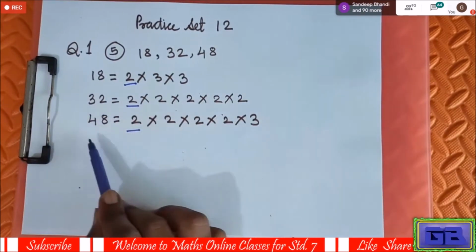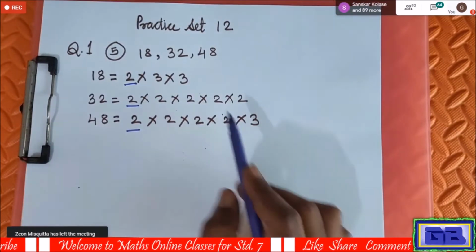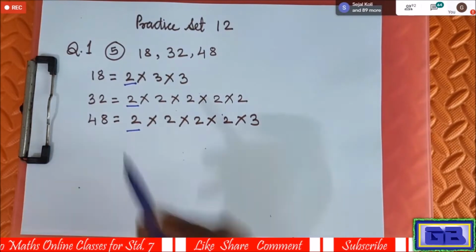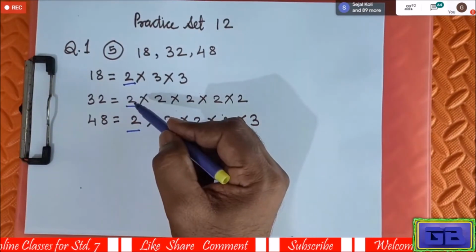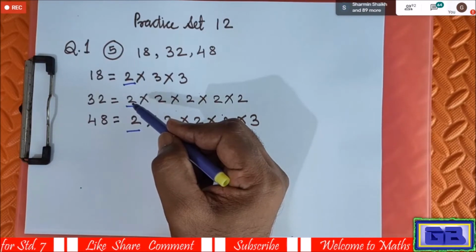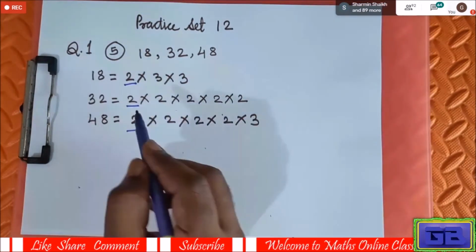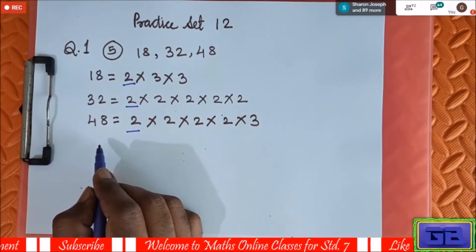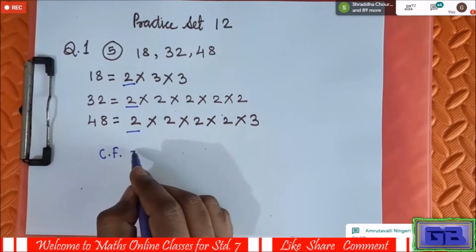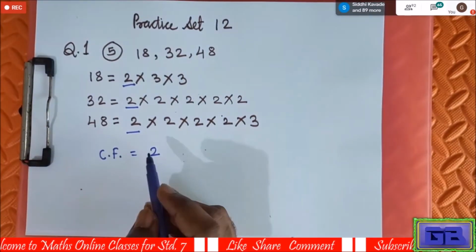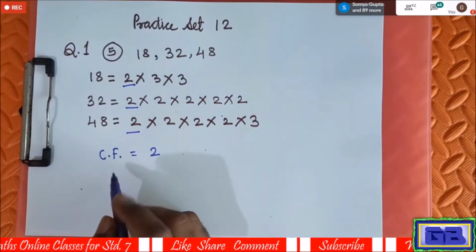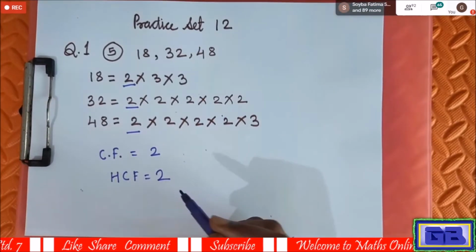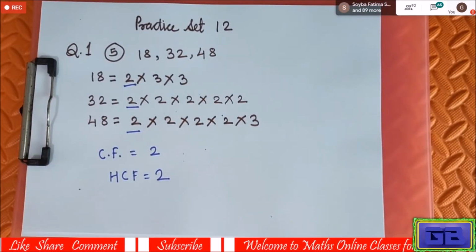No. Only in the factors of 48 is 3 there. Therefore there is nothing common in all three except 2. So only 2 we have to take. Common factor equals 2, and you will write HCF equals 2. In this way you will write the answer.